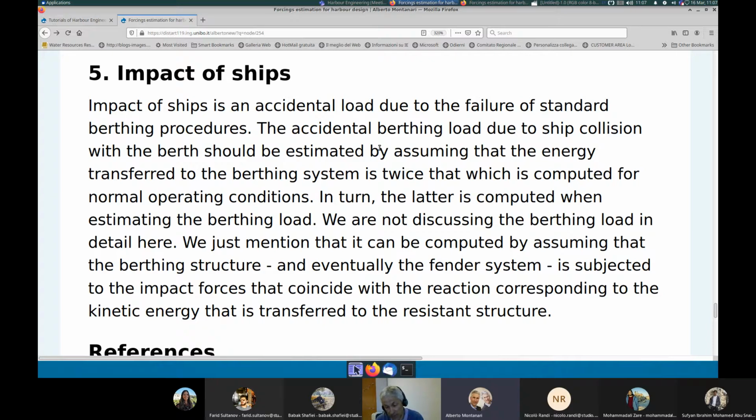For instance, some guidelines say you can take the entire wind forcing plus half of the wave forcing. And in the case of impact, probably they will tell you that you have to take the impact forcing plus a fraction of the wave forcing, because you have to take into account that when there is the impact, the ship is only partially moored, it's not completely moored. And then there are these concurrency factors to be considered.